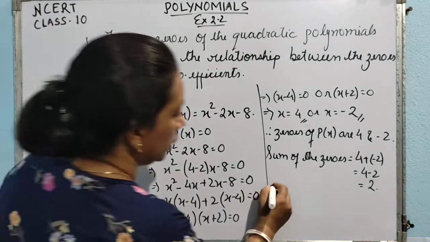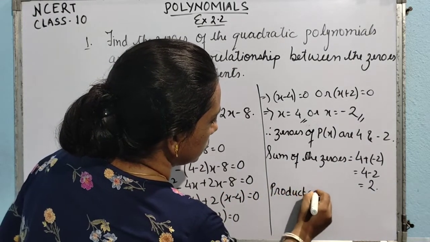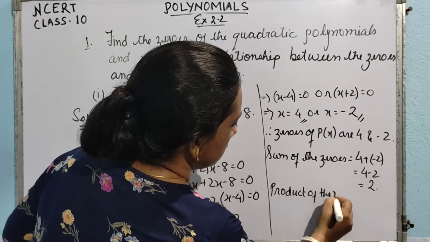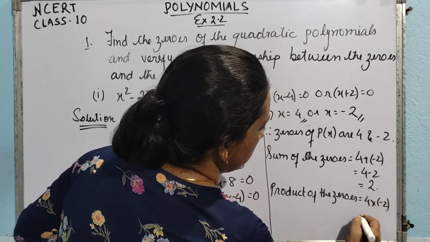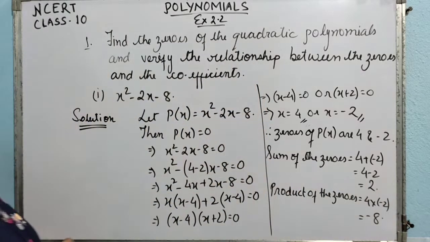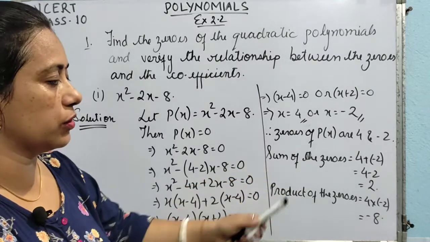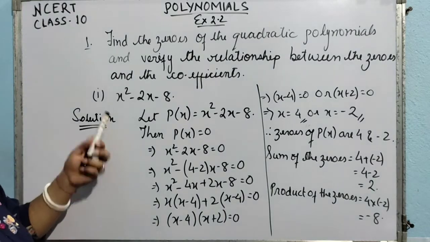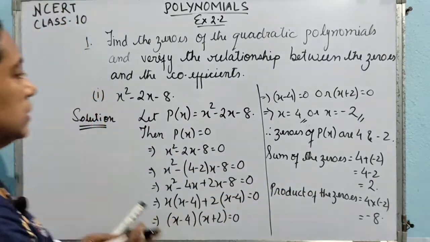The product of the zeros, 4 into minus 2, is equal to minus 8. Up to this point we have completed the sum of the zeros and the product of the zeros. Now we have to find the relationship between the zeros and the coefficients.